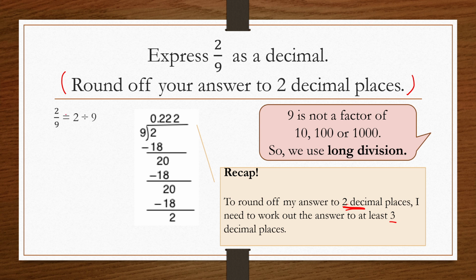Since the answer over here is 0.222, that's not the exact answer, but we stopped over here. When we round it off to 2 decimal places, since this is a 2, we round it off to 0.22.